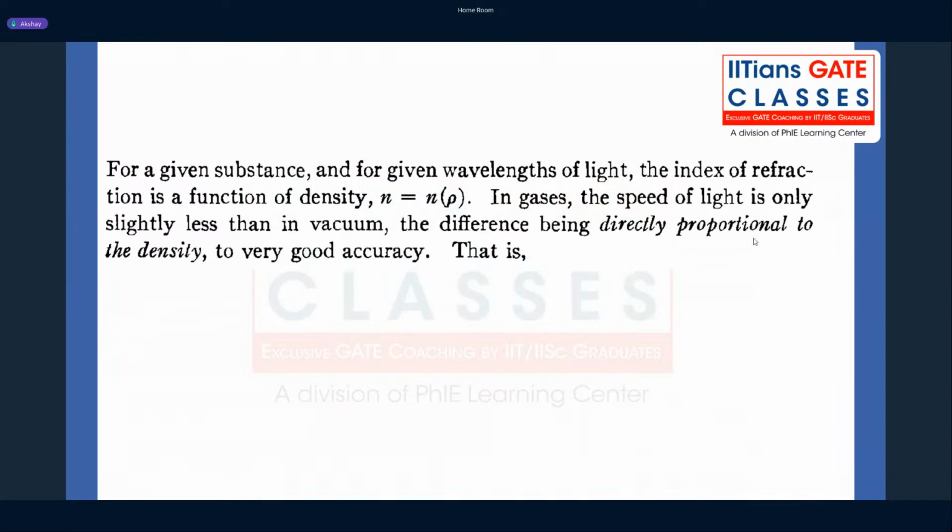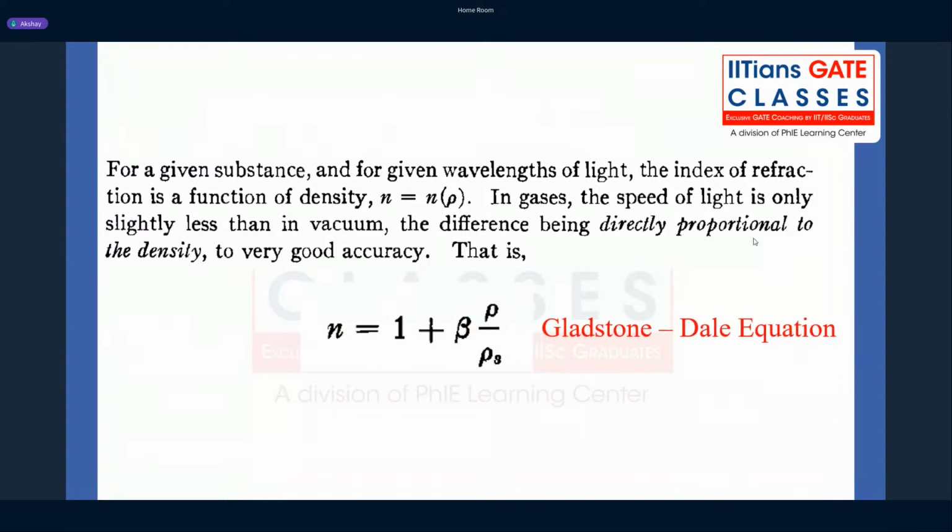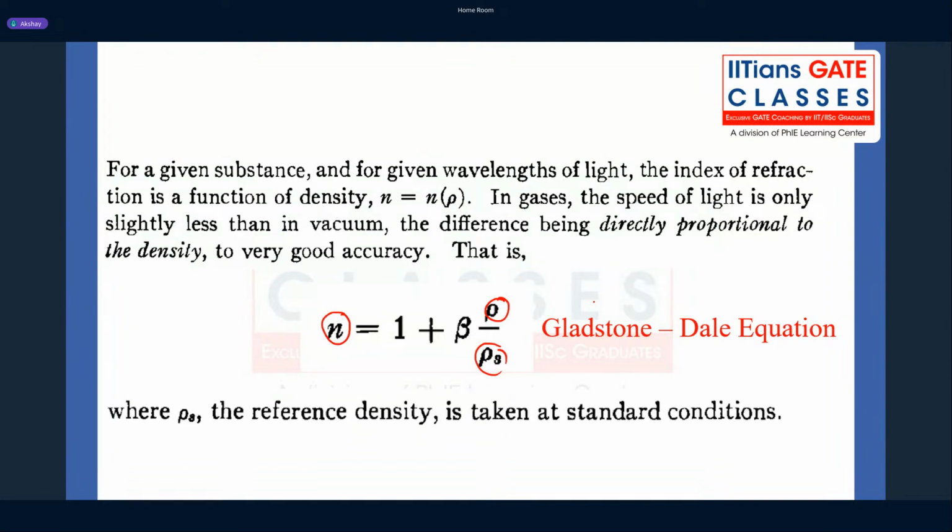I am slightly going back to our discussion on refractive index as a function of density that you have already studied. This is a slightly more involved formula, but the same idea. This is called the Gladstone-Dale equation, which gives the refractive index as a function of medium density, where rho s is a standard reference density and beta is a constant.